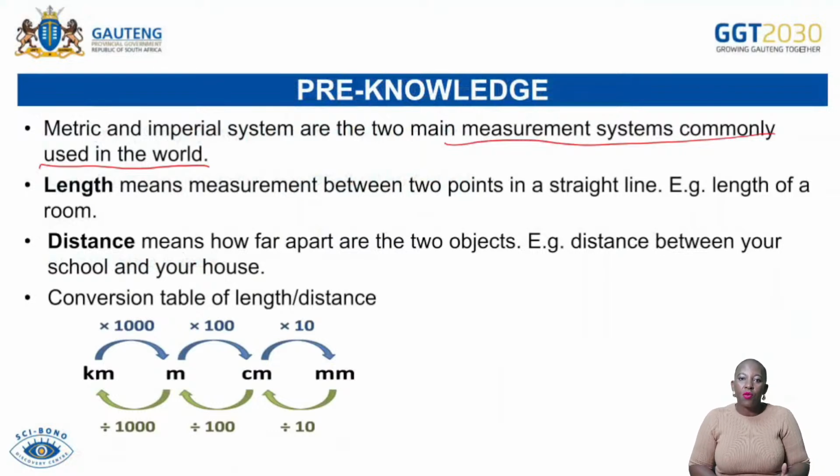We can use the crow fly, but you'll see that when we do maps and scales. As long as we know that the distance is how far apart the 2 objects are, and the length means we measure between 2 points in a straight line.